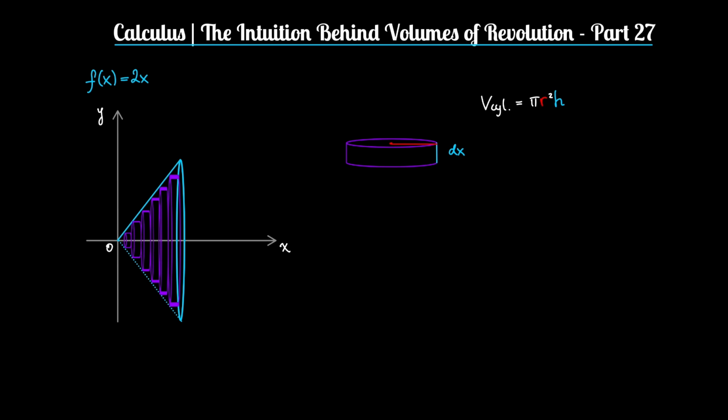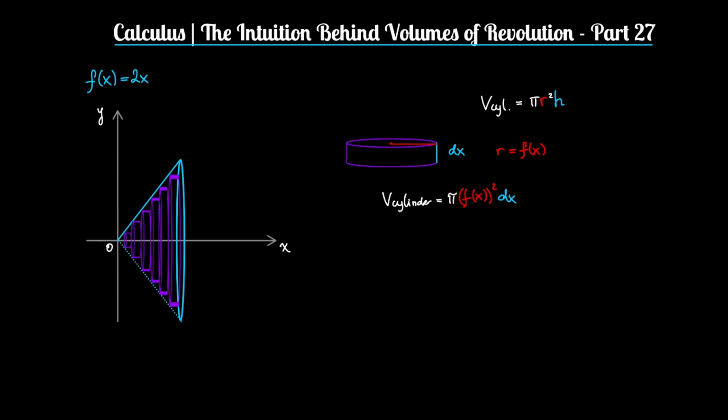So in general, the function f of x itself is the radius of all cylinders, just at different parts of the x-axis. So now, when we piece it all together, the volume of this single cylinder could be written as pi times our function f of x squared and times our height dx.